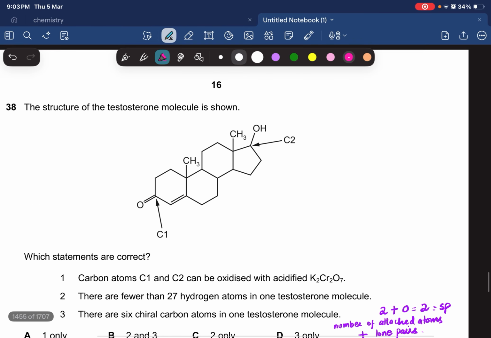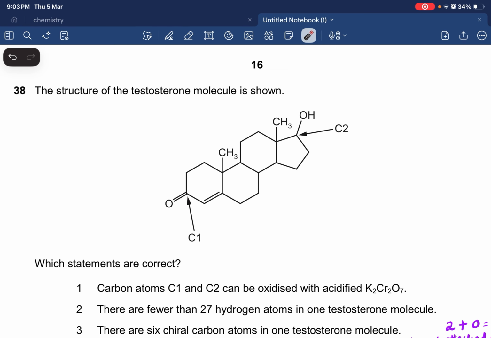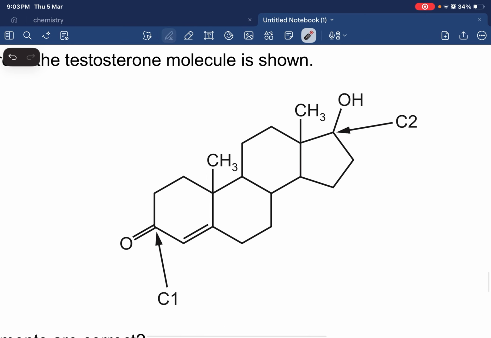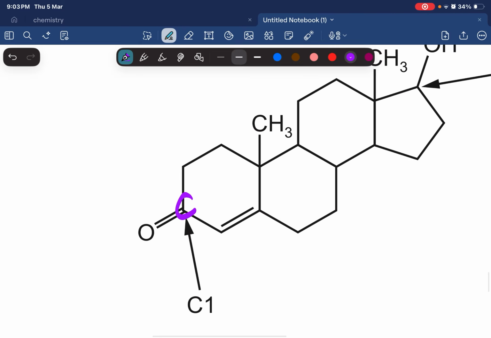Next question. The structure of the testosterone molecule is shown. Okay, so that's a hormone, and we have the structure of it. Which statements are correct? Carbon atoms C1 and C2 can be oxidized with acidified K2Cr2O7. So carbon atom C1, which is over here, can this be oxidized?